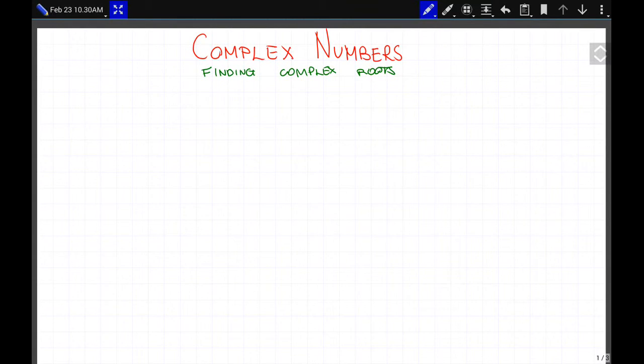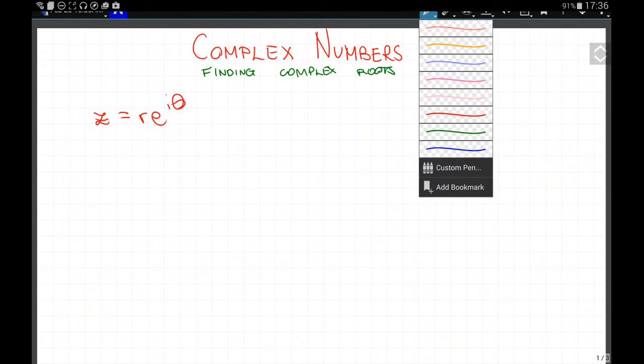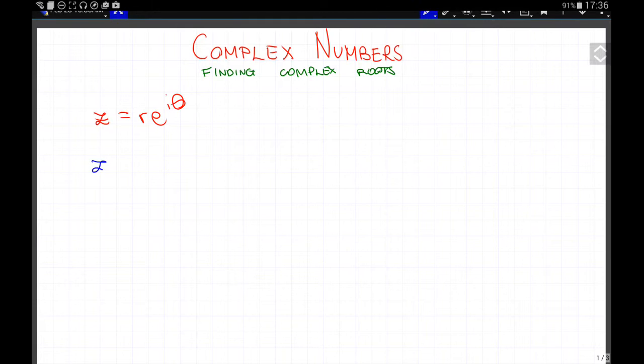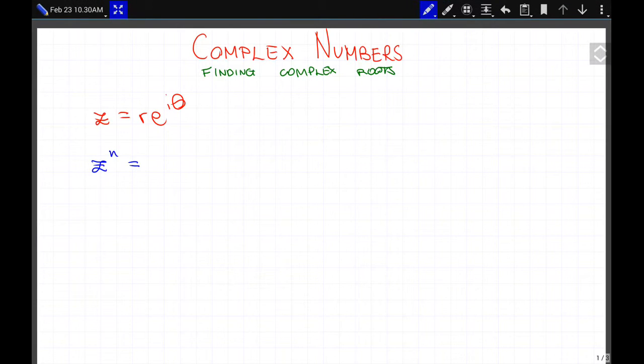In this video, we are going to learn how to find the roots of a complex number. So say we have z, a complex number, which is equal to r times e to the i theta. Now if we take the power of it, so z to the n, that will be r times e to the i theta to the power of n.